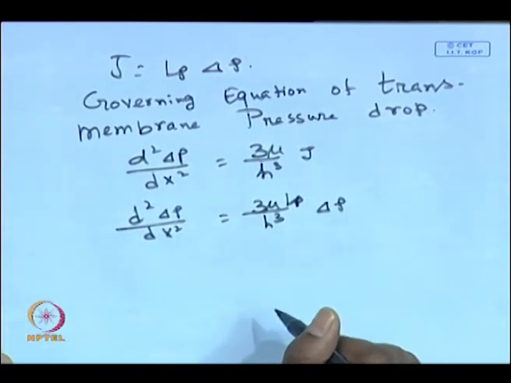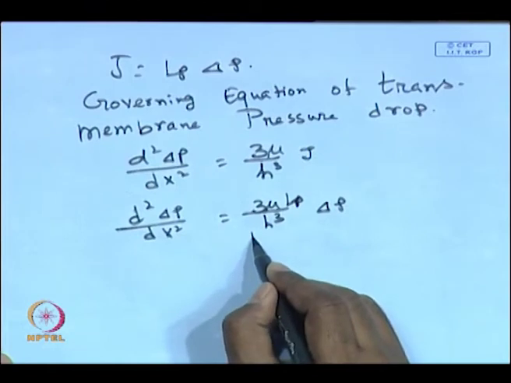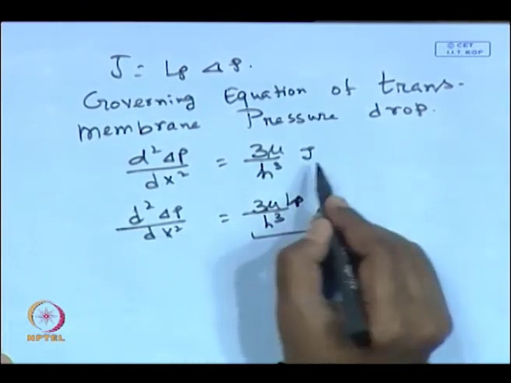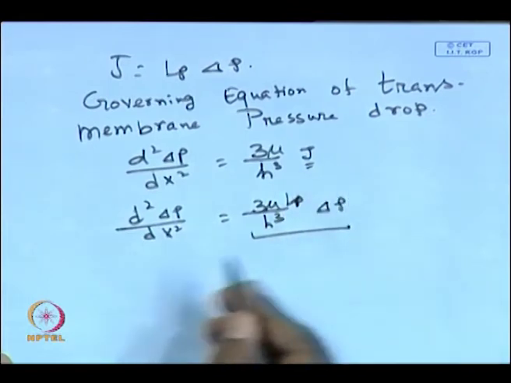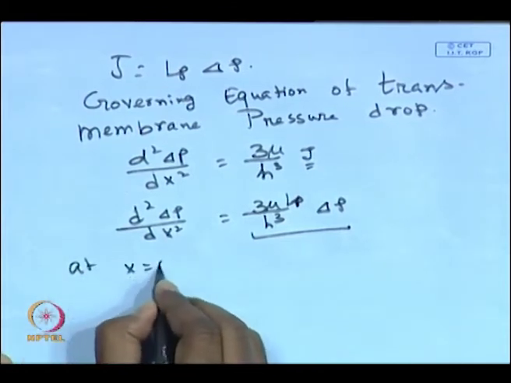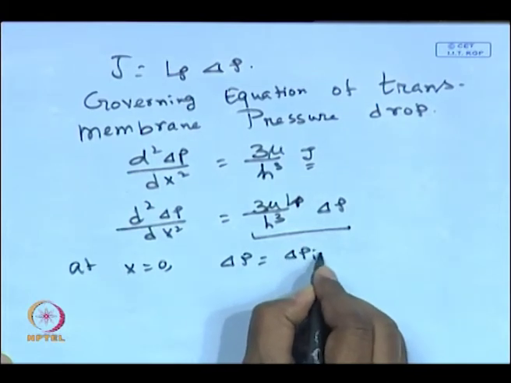So the difference is that this time the right hand side is not constant. In the earlier case, J was itself taken as constant, but this time it will not be constant. Let us look into the boundary conditions. At x is equal to 0, you had delta p is equal to delta p in.